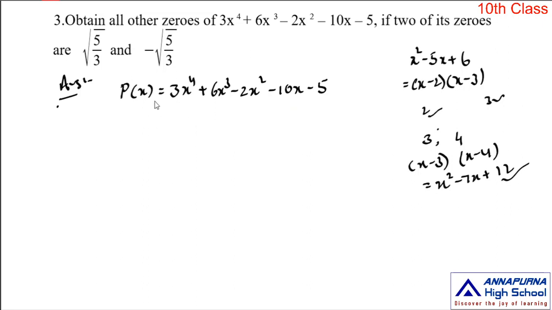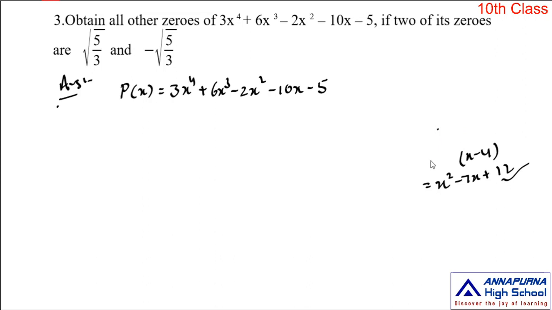The given polynomial is a fourth degree polynomial, so it has 4 linear factors, because its degree is 4. That means it has at most 4 zero values, so maximum 4 linear factors. If you find those 4 linear factors, you can easily find the remaining 2 zeros. Out of the 4 linear factors, 2 of the zeros are given.